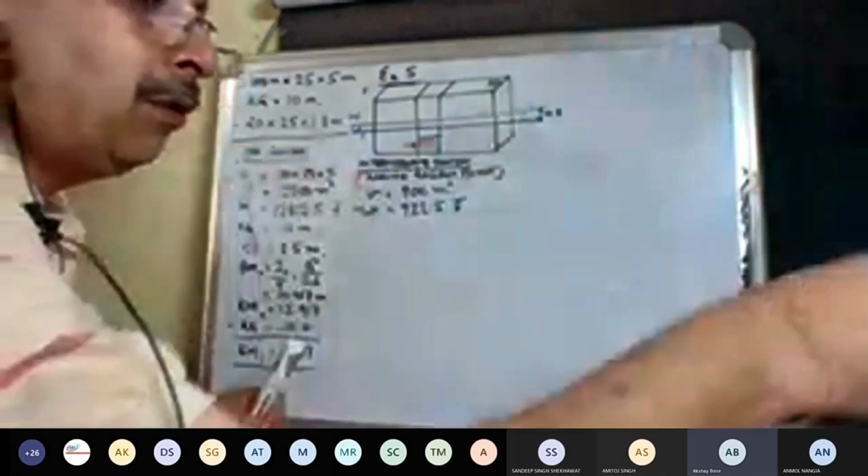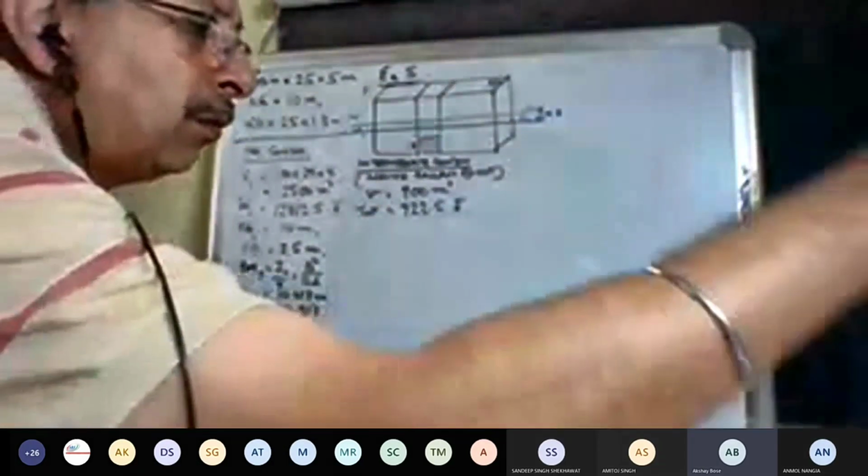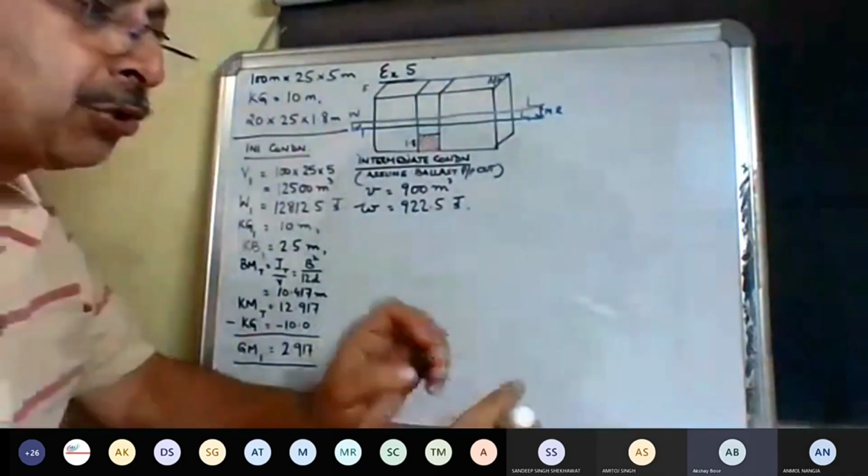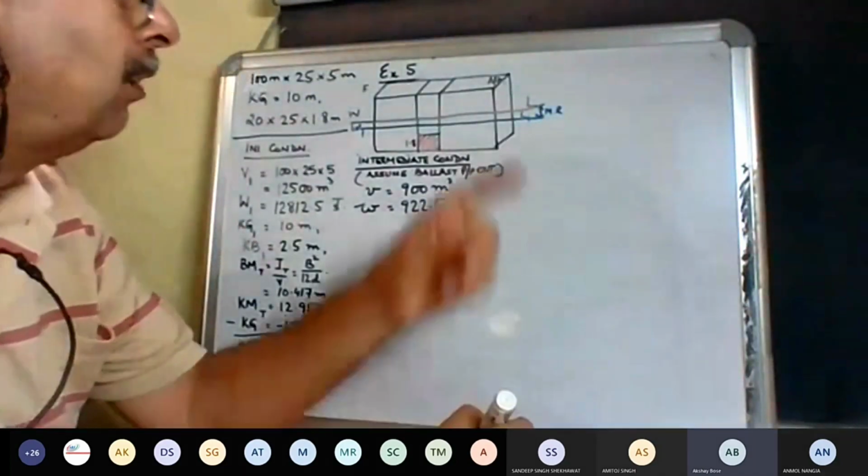I want you to calculate the mean rise. There are various methods to do it. Tell me one method that you know of, how to calculate this mean rise.